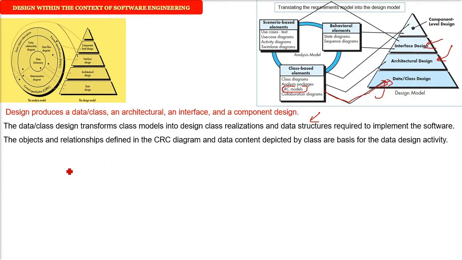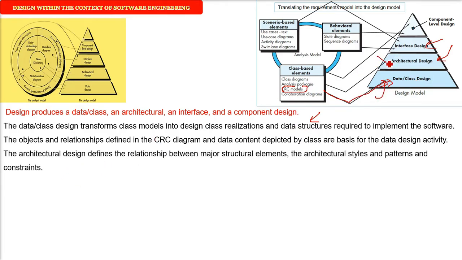Coming to the second part of this triangle, the architectural design, it defines what? It defines the relationship between the major structural elements. Architecture is all about major structural elements. What are the architectural styles you are going to use, and the pattern already you have used or made in certain other software, you can use it here.